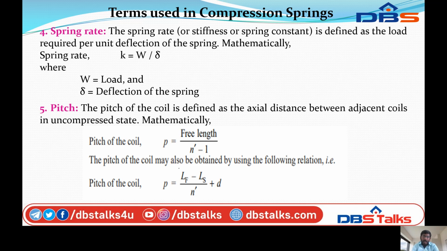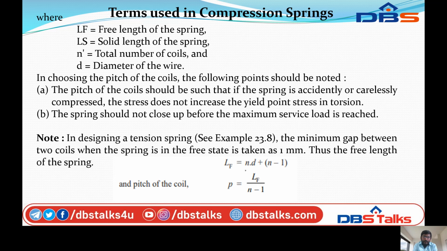The pitch of the coil may also be obtained by using the following relation, that is the pitch of the coil p is equal to (LF minus LS) by N dash plus d, where LF is the free length of the spring, LS is the solid length of the spring, N dash is the total number of the coils and finally small d is the diameter of the wire.